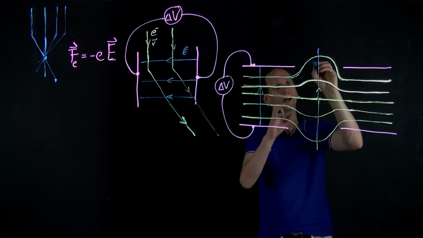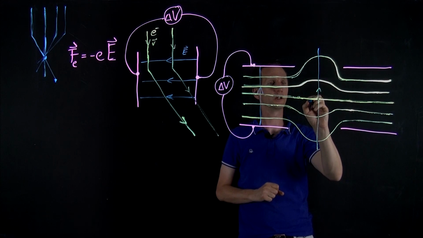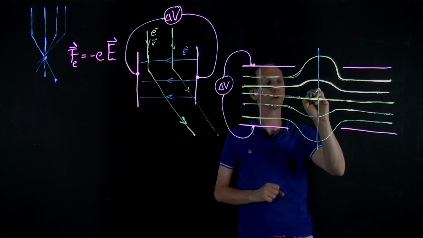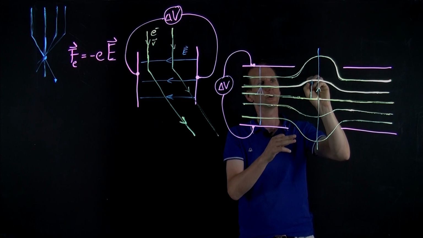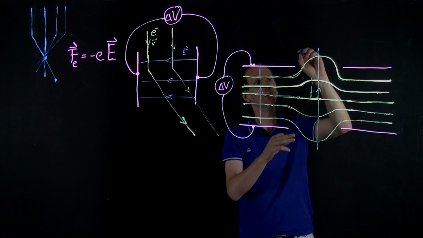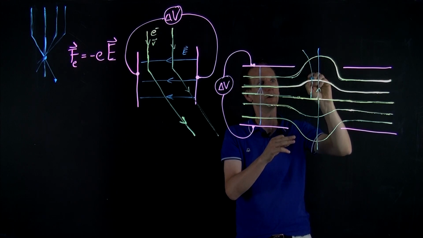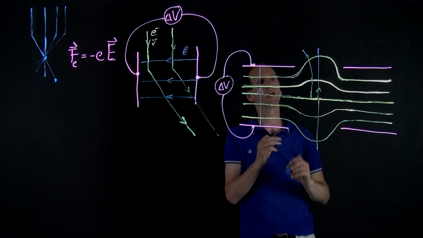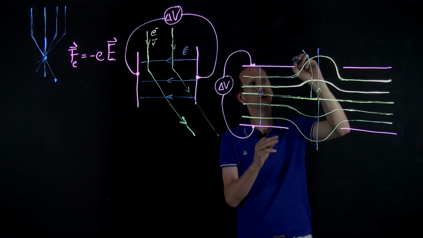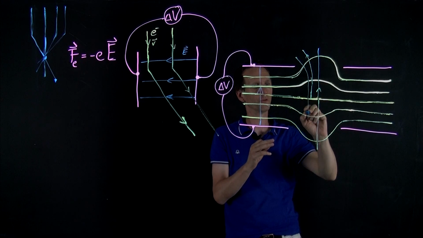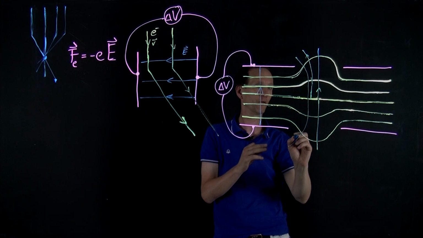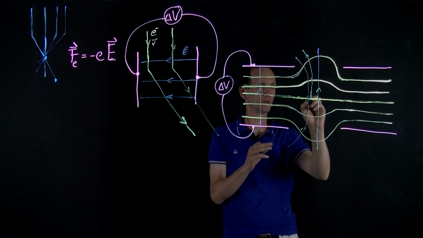Now if we go slightly to the side, we will see that here also the electric field will be perpendicular to the equipotential line, but then because of the curvature here, the electric field will bend a little bit and move out. And it will do so the more we move further away from the optical axis.